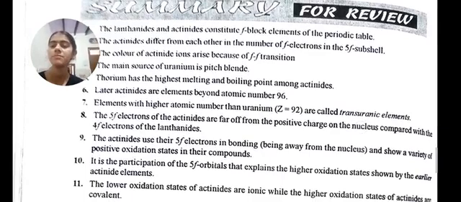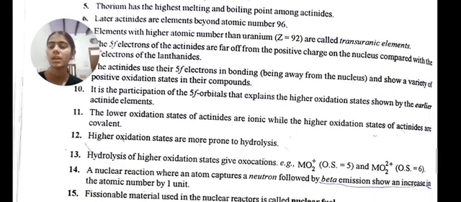The 5f electrons of the actinides are far off from the positive charge on the nucleus compared with the 4f electrons of the lanthanides. The actinides use their 5f electrons in bonding and show a variety of positive oxidation states in their compounds. Higher oxidation states are more prone to hydrolysis.